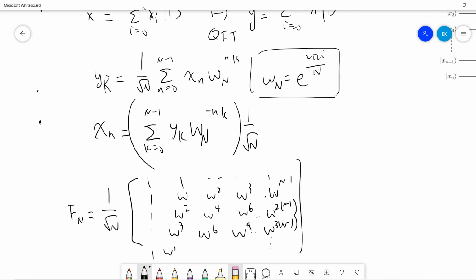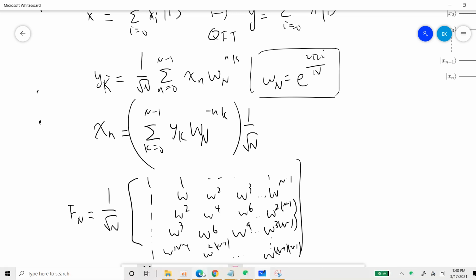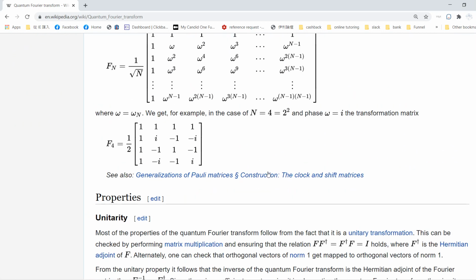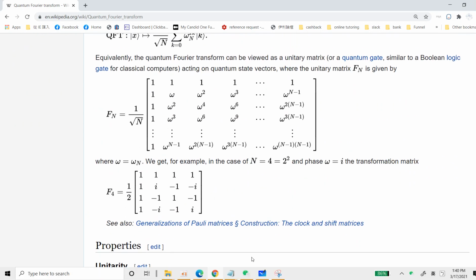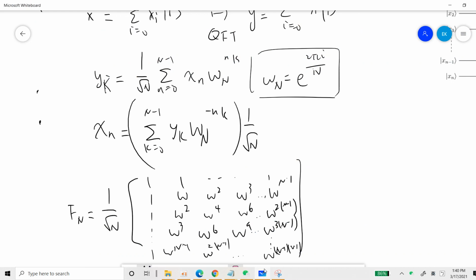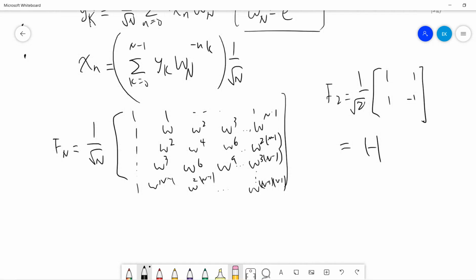And the final row is 1, ω^{N-1}, up to ω^{(N-1)(N-1)}. An easy example can be seen on the wiki. This is F4, right? And one example is that you can check F2 is basically this. So this is the Hadamard gate for F2. But this is not the important thing.